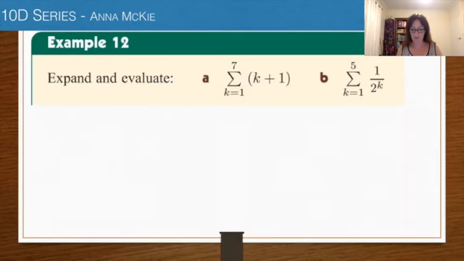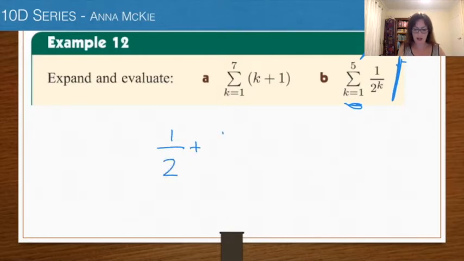And the second one here, it is the sum of all numbers of this form, which is 1 divided by 2 to the power of k, where we're starting at k is equal to 1 and we're going up to 5 terms. So let's practice writing them out. The first one is 1 divided by 2 to the power of 1.